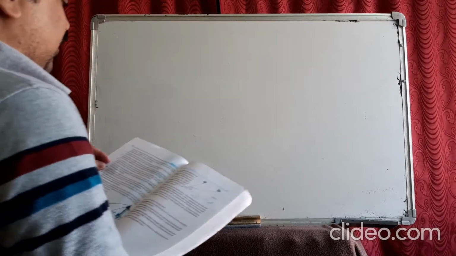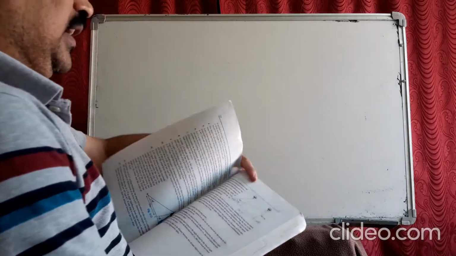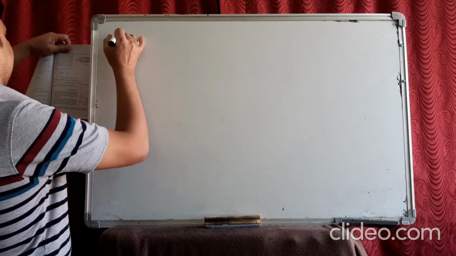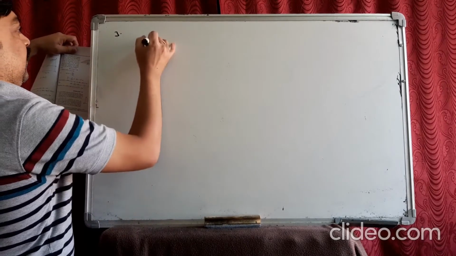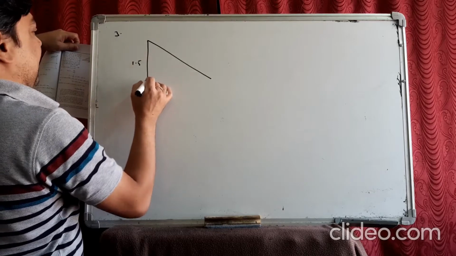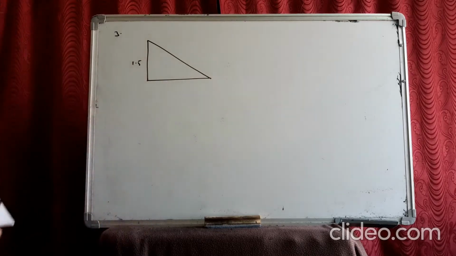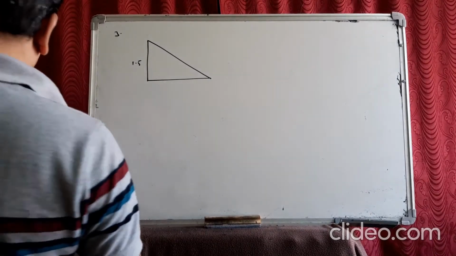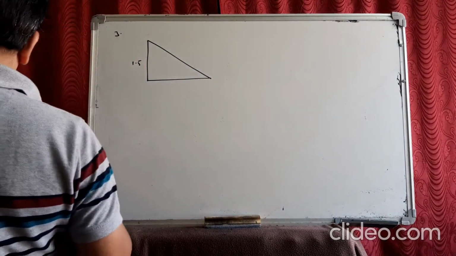What should be the length of the slide in each case? Length of the slide in each case. Say in the first case, the height is taken as 1.5 and it is making an angle of 30 degrees.